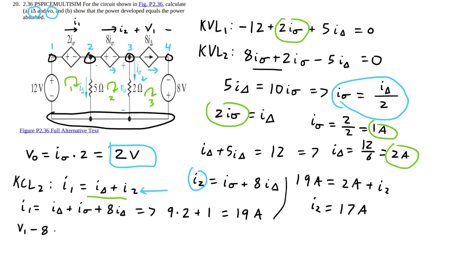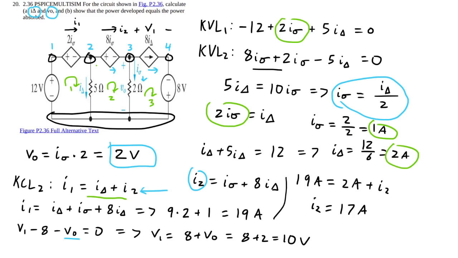Then we're going to come back out, and there's the drop VO that we calculated before. All that has to equal 0. So if we know VO from prior calculations, we can just do this real quickly. V1 equals 8 plus VO. And VO is known to be 2, so 8 plus 2 equals 10.